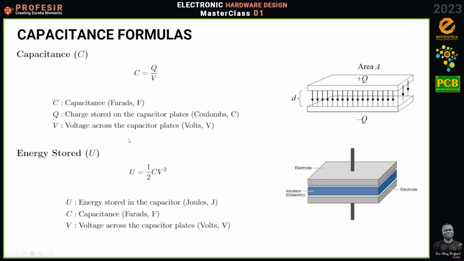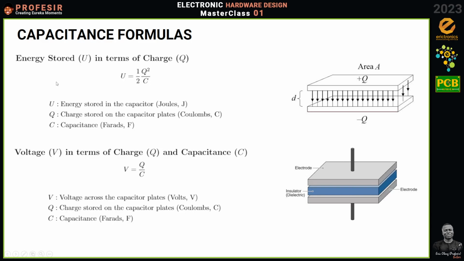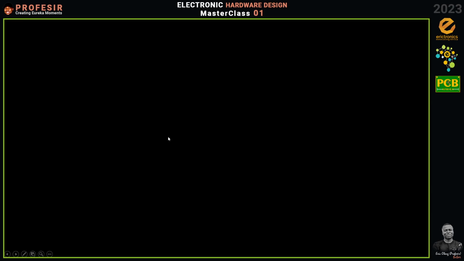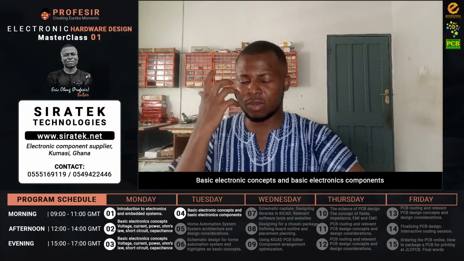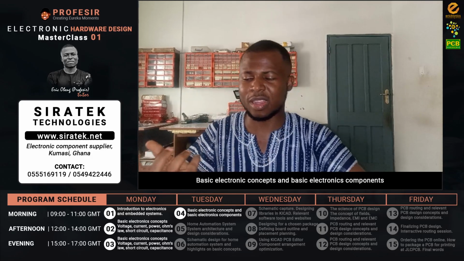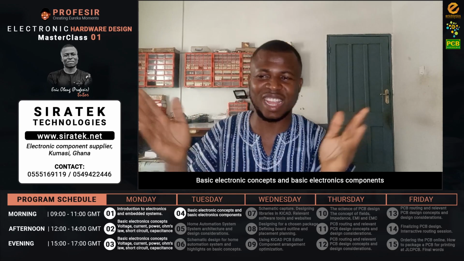The energy that gets stored in the capacitor is given by this equation, and we can also express the energy in terms of the charges as this. We can also express the voltage build-up as this. These are the various ways that we can manipulate capacitance.